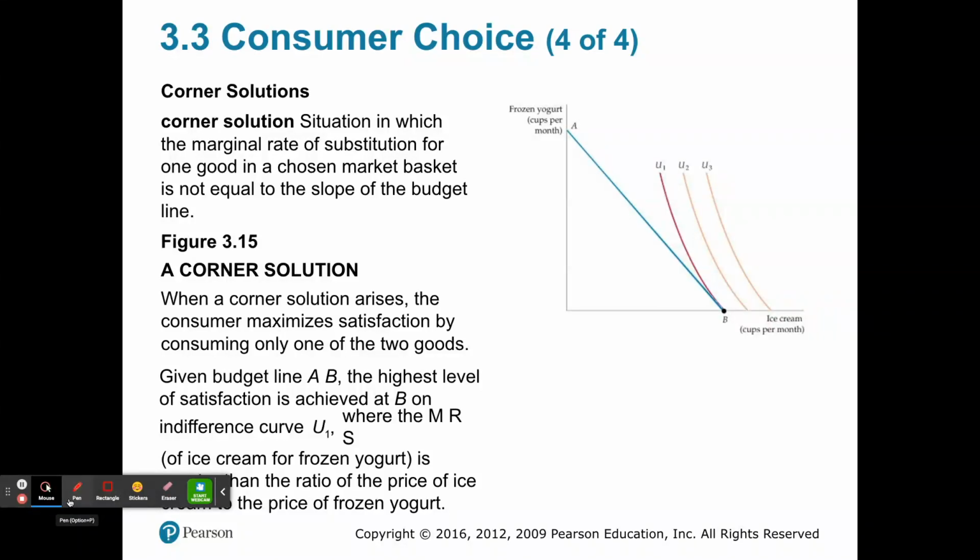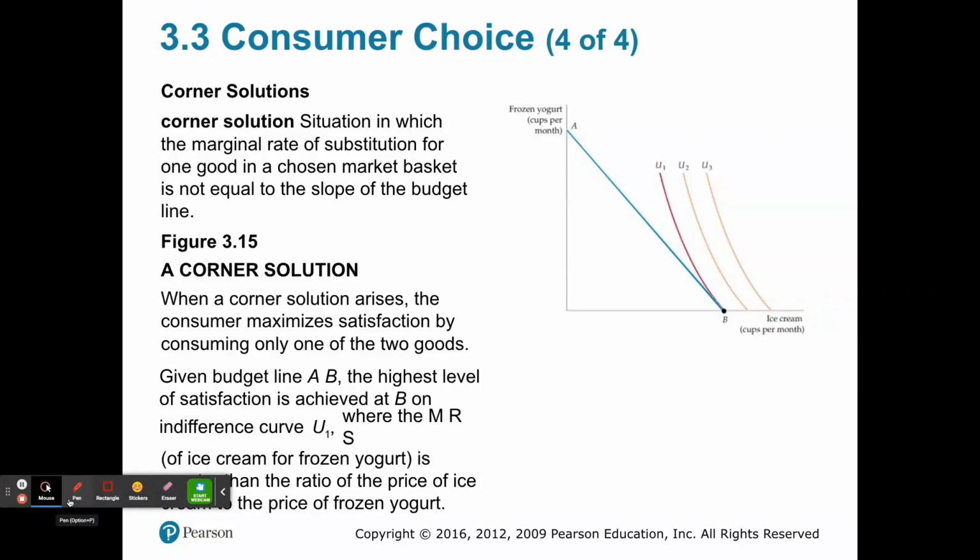Basically, what a corner solution does is it forces the consumer to buy only that one product because of the way that the indifference curves are shaped. So the person would only be happy consuming basically the x-intercept of the indifference curve and budget constraint. And even then, it's not going to be good enough.